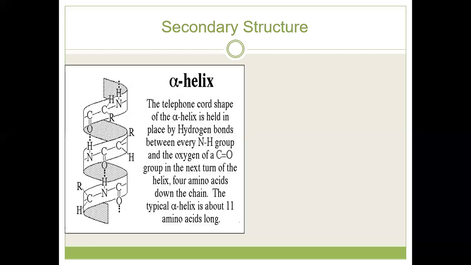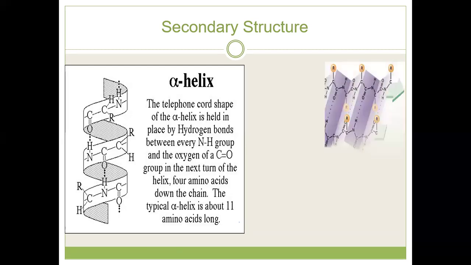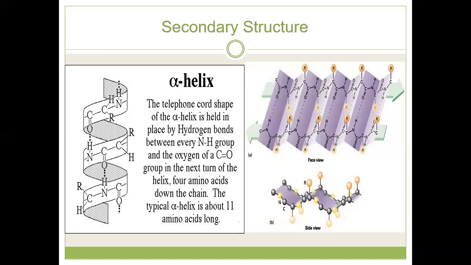Even though you can have some other groups, acidic amino acids and basic amino acids, that can actually interrupt this structure because of the additional groups that are charged. For example, in glutamate, you have an additional carboxyl group that has a negative charge.